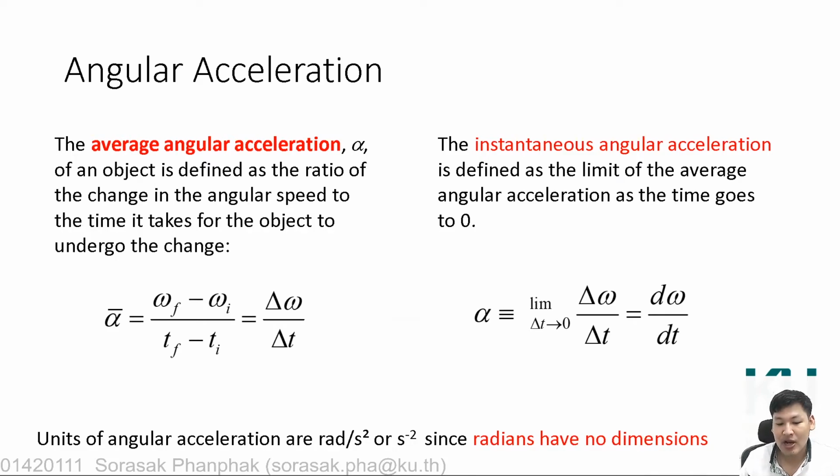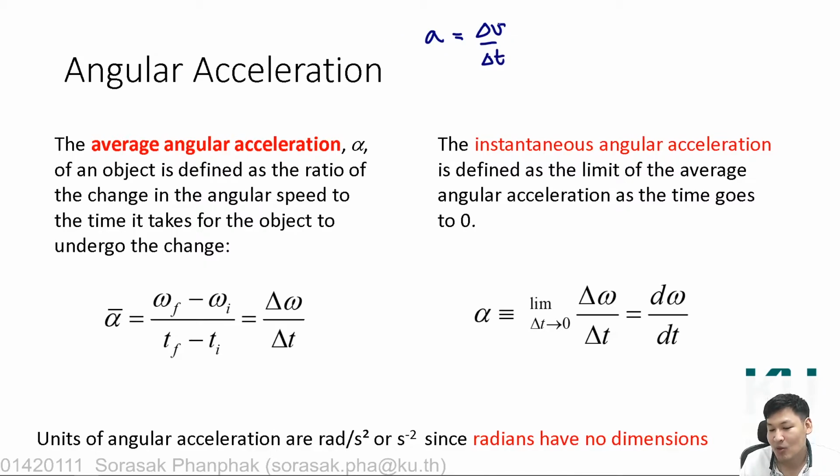Now, the angular acceleration is also derived similarly to what you learned from linear acceleration. If you would like to consider only the magnitude, linear acceleration equals delta v by delta t.